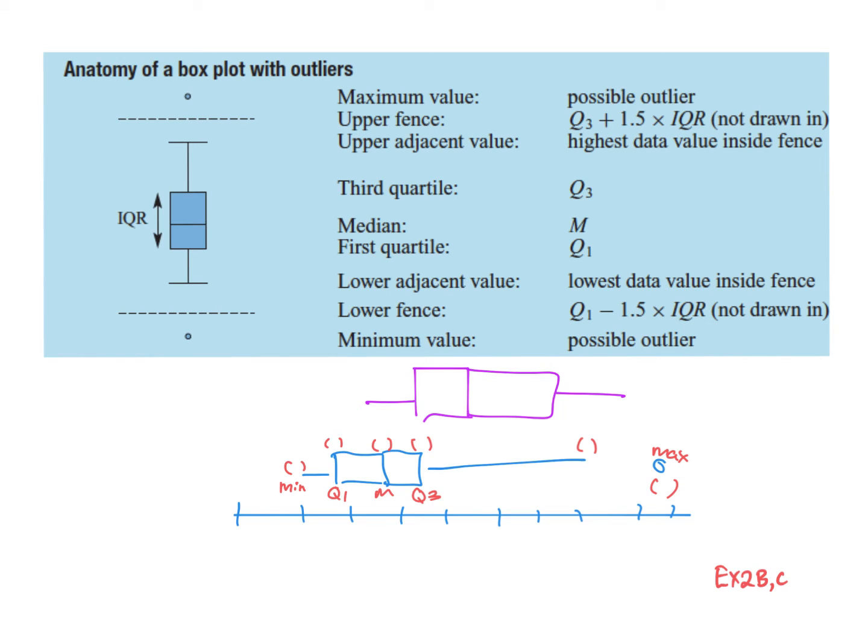Now remember, if you have this outlier up here, it's because it's above the upper fence, which we can find what that number is. So any number above that number would be an outlier, and we can also have a lower fence. If you're asked to prove why something is an outlier, you write out that formula, show the number, and then write therefore this number is higher or lower than that and is an outlier.